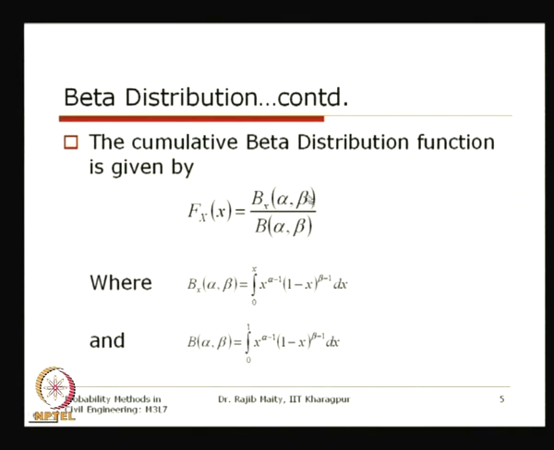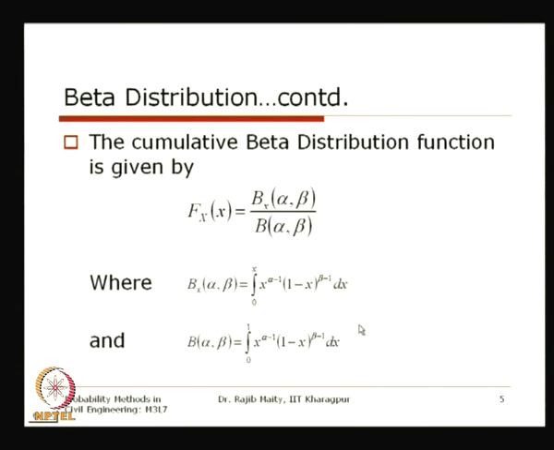It comes to this form, beta x alpha beta, defined by this integration from 0 to x of x power alpha minus 1 times 1 minus x power beta minus 1. This follows the same principle of the cumulative distribution, and it is normalized by the same beta function explained earlier, the integral from 0 to 1 of x power alpha minus 1 times 1 minus x power beta minus 1 dx.